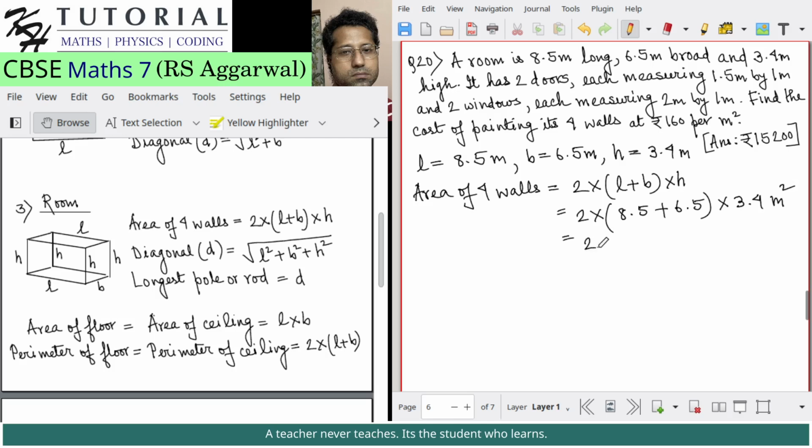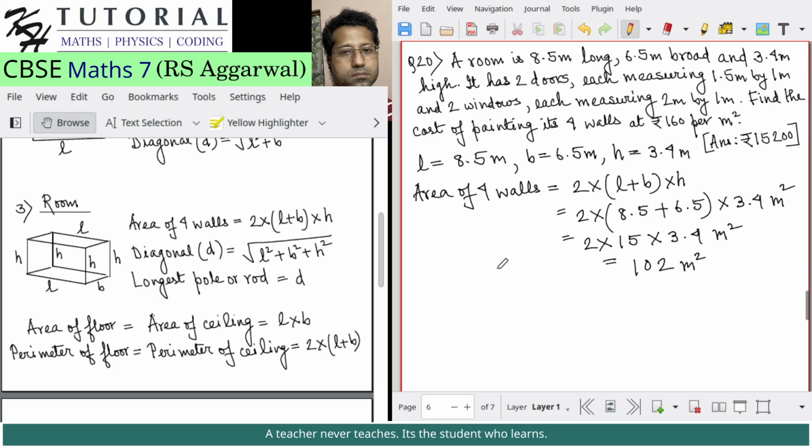This is equal to 2 multiplied by 8.5 plus 6.5 is 15 multiplied by 3.4 meter square, and this is 30 multiplied by 3.4. So it will be 102 meter square. 30 multiplied by 3.4 is 102 meter square. Okay, so this is the area of the four walls.